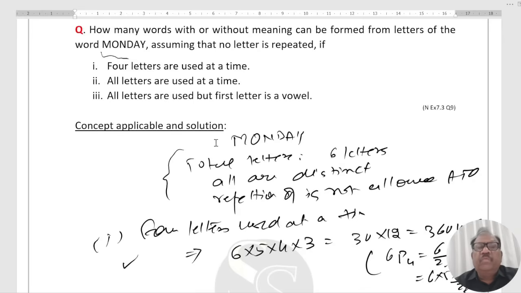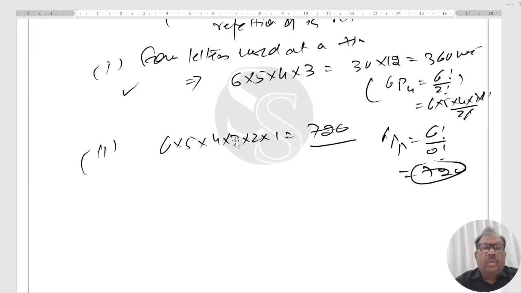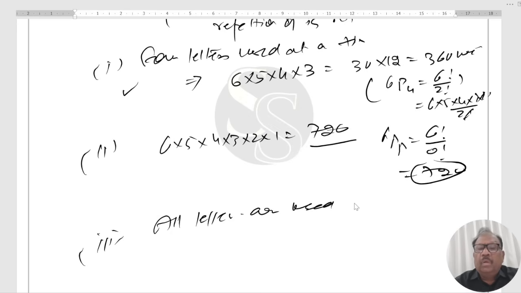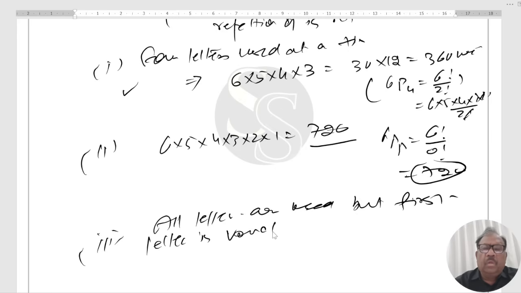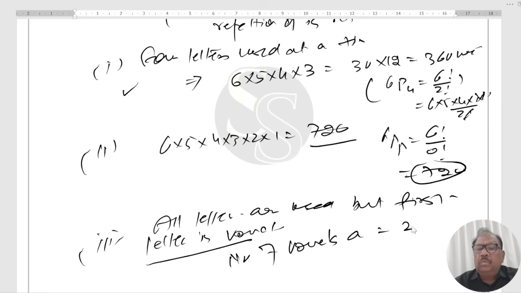All letters are used, but first letter is vowel. Means how many vowels are there? Number of vowels are 2.